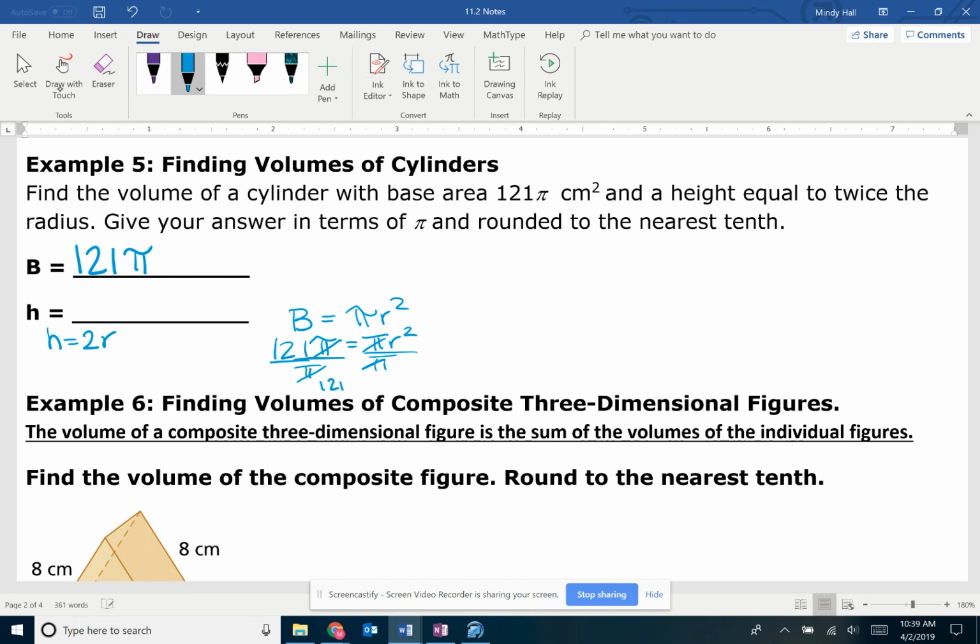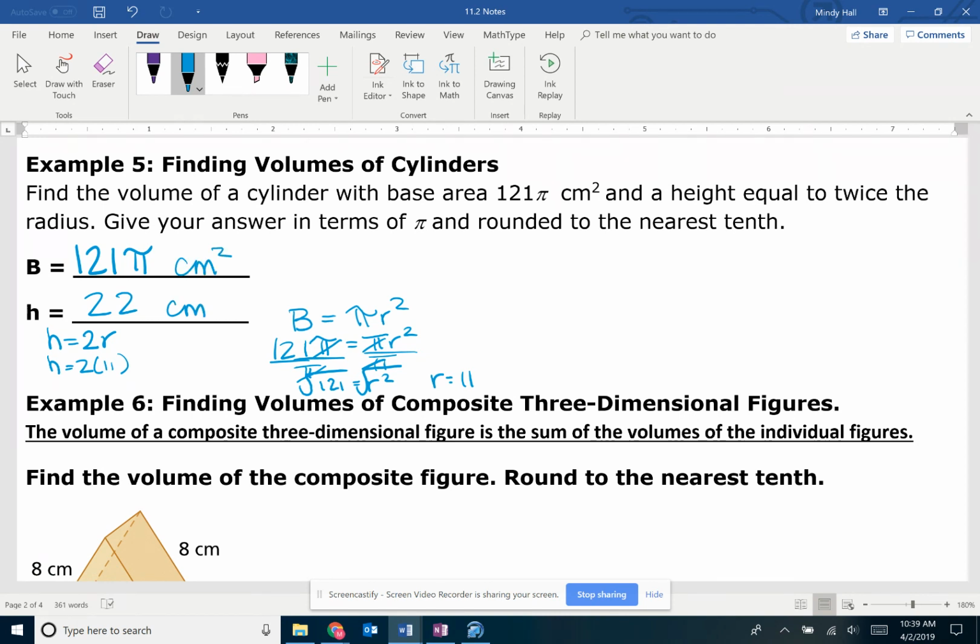And I have 121 equals r squared. So you take the square root of both sides, and r equals 11. So because my height is double the radius, I would have height equals 2 times 11, which is 22. And this is centimeters.